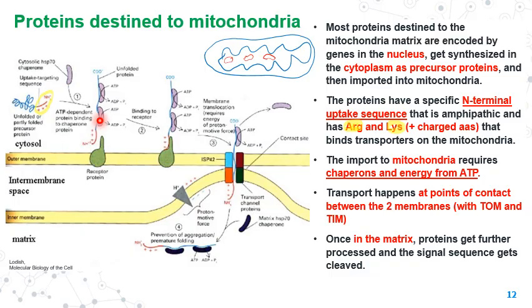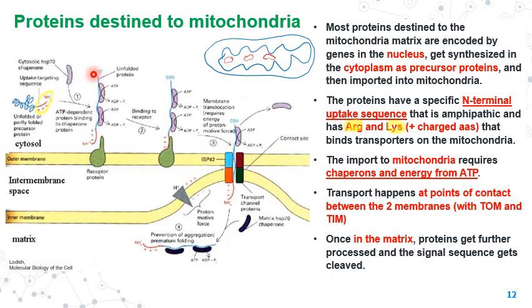In order to stretch it out, it needs to use energy, because naturally the protein wants to be folded in a certain way. So this chaperone is going to use ATP energy to stretch out that primary sequence of amino acids.